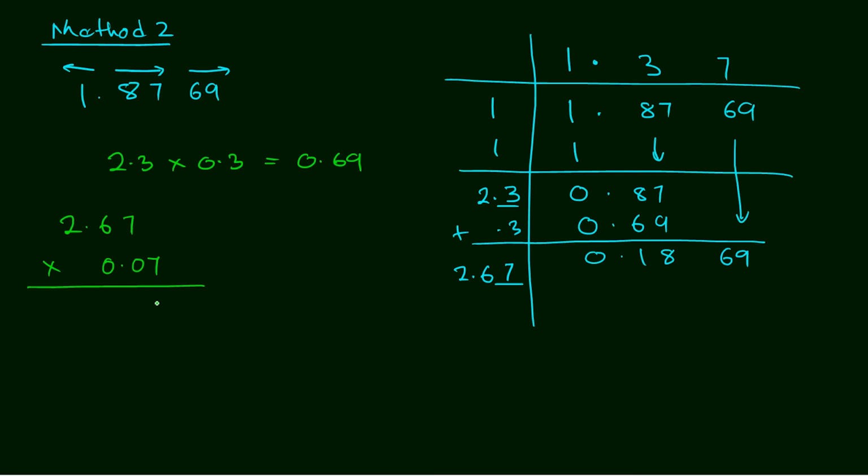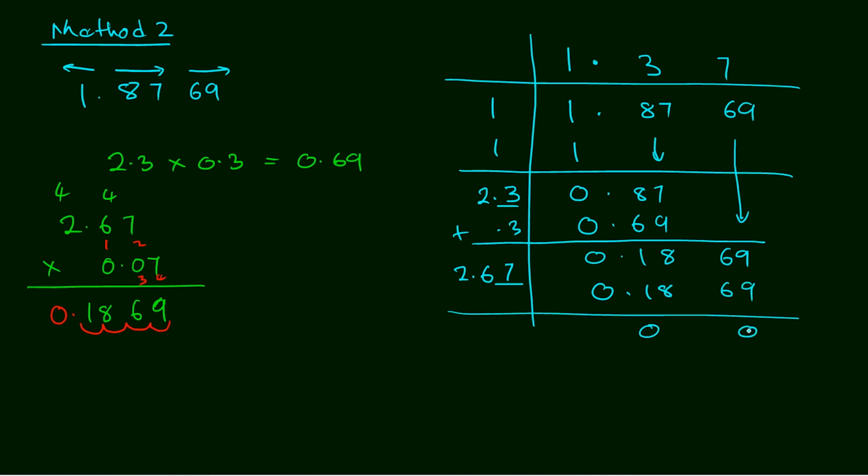So 7 times 7 is 49. 6 times 7, 42, plus 4 is 46. And 2 times 7 is 14, plus 4 is 18. And because there are 4 decimal places, 1, 2, 3, 4, we need to pull back 4 decimal places. So the answer is going to be 0.1869 to give us 0 remainder.